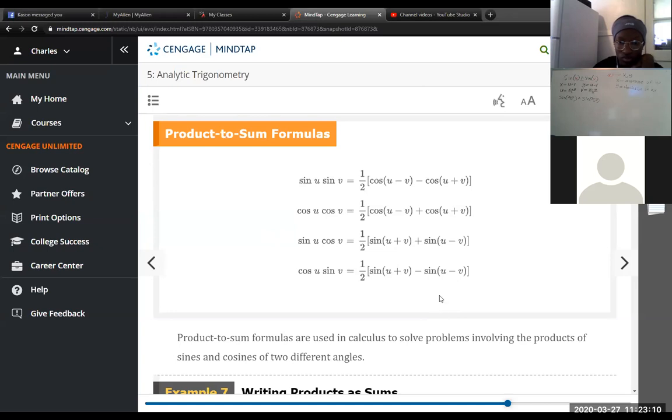So after our little trick and our little substitution, we're just taking the formula that we already figured out to go back the other way.